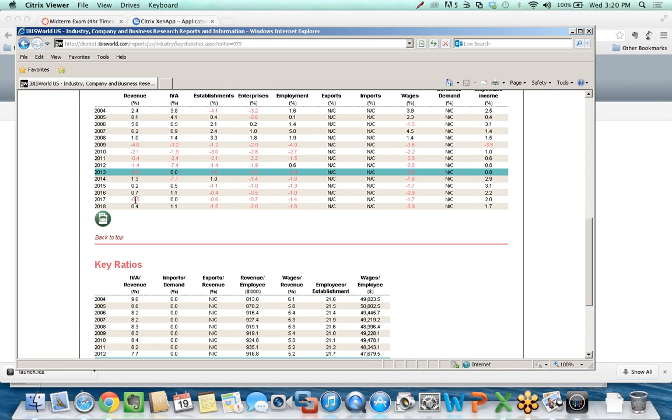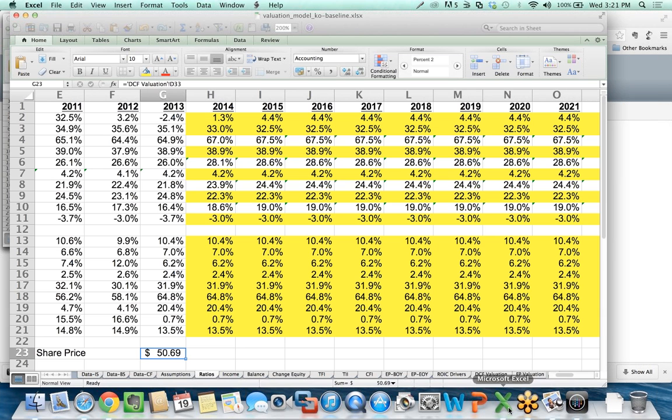So essentially, I think that this is the end of growth for Coke that the market is starting to worry about. It's probably starting to show up in their stock price. So that's what I'm going to use to help me infer what I'm going to do with my revenue forecast.